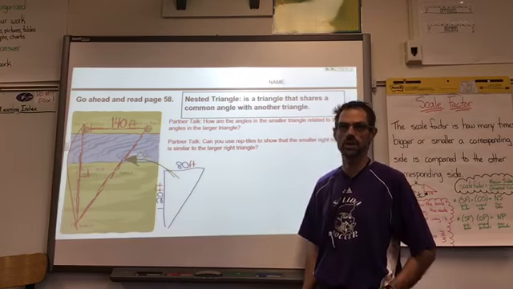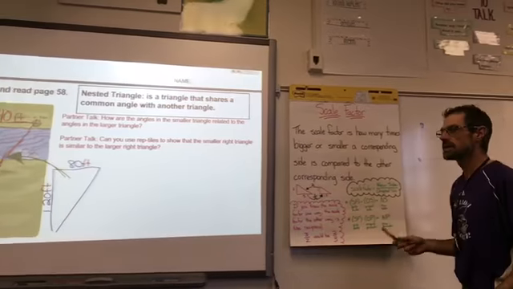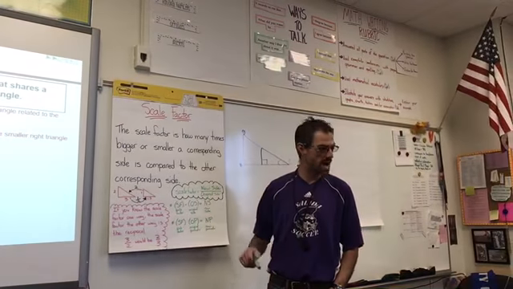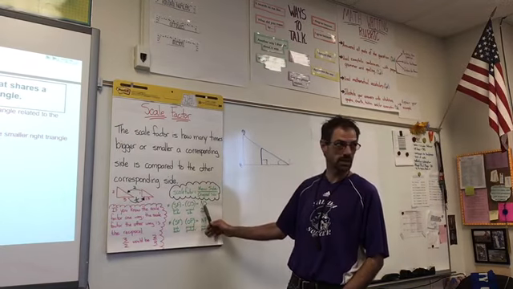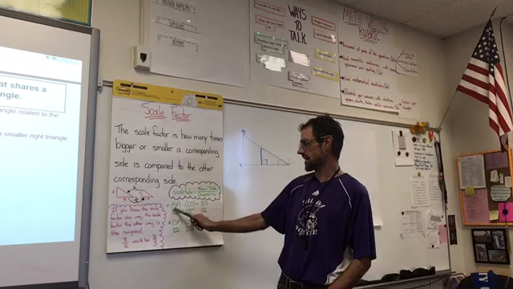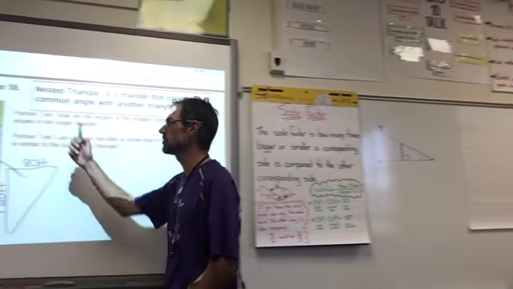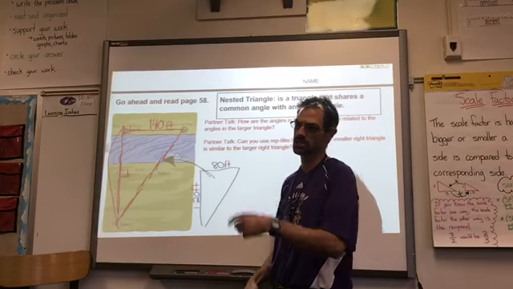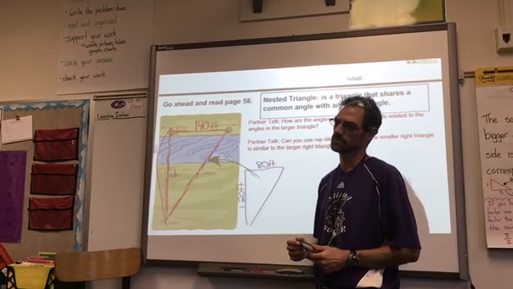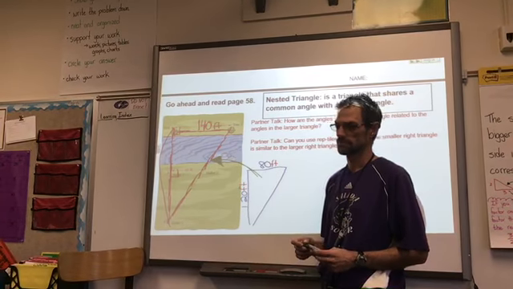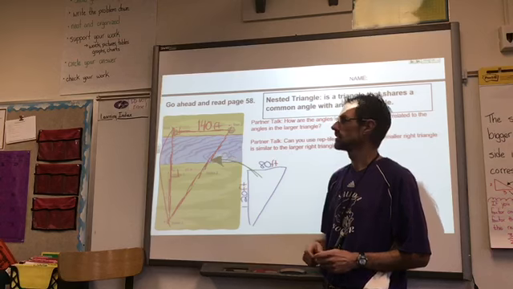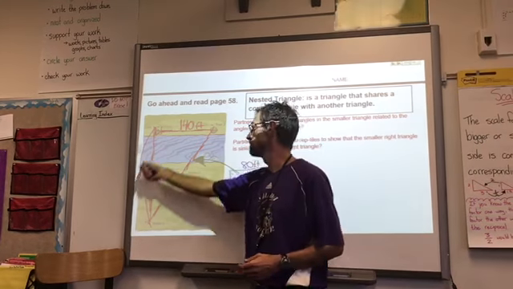Which is my new and which is my original? Because if I'm trying to find a side length, I need to first know the scale factor, because that's part of this equation. So, which is my new and which is my original? Ashton. Your new would be the top, the big one? Yeah.